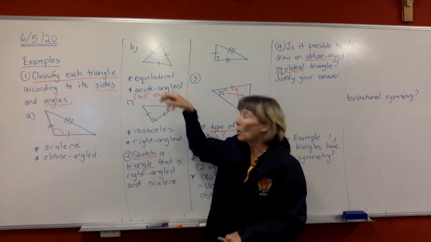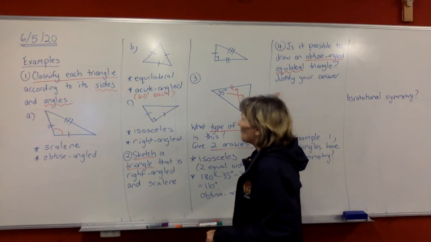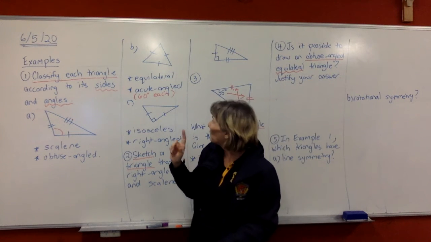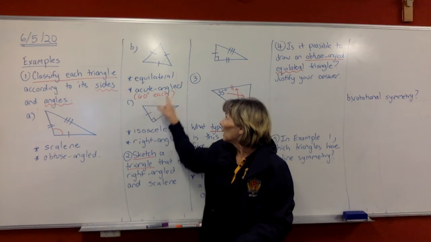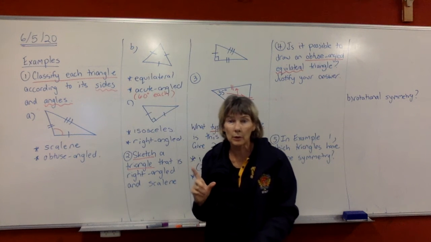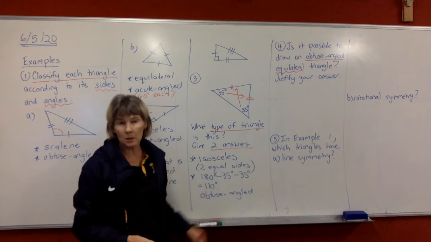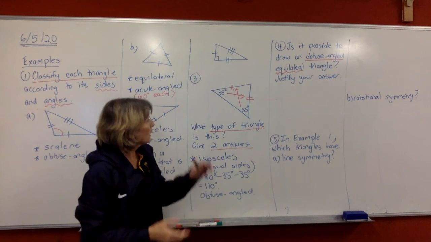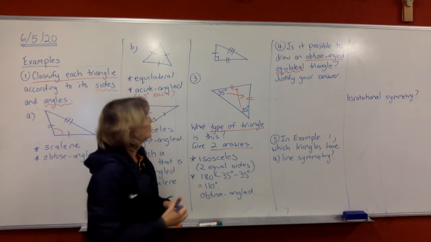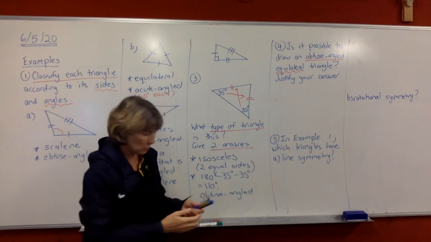We can see it has all three equal sides, but it's what's going on with the angles that is more important here. And we know that each angle in an equilateral triangle is 60 degrees. Can't possibly be obtuse. We can't have an obtuse angle in a triangle that's equilateral.